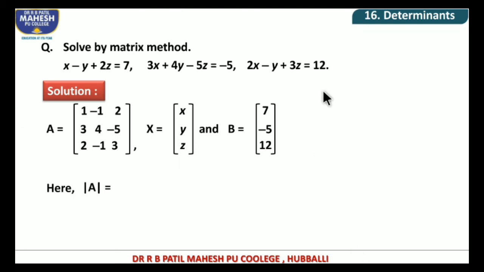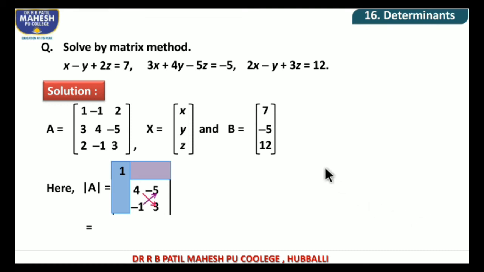Here we have to find out determinant of A first. Determinant of A is equal to the determinant of 1 minus 1 2, 3 4 minus 5, 2 minus 1 3. Let us find out the value of this determinant.